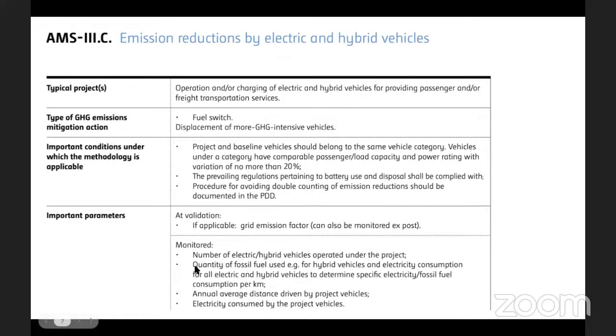Quantity of fossil fuel use, for example for hybrid vehicle, and electricity consumption for all electric and hybrid vehicles to determine specific electricity and fossil fuel consumption per kilometer.